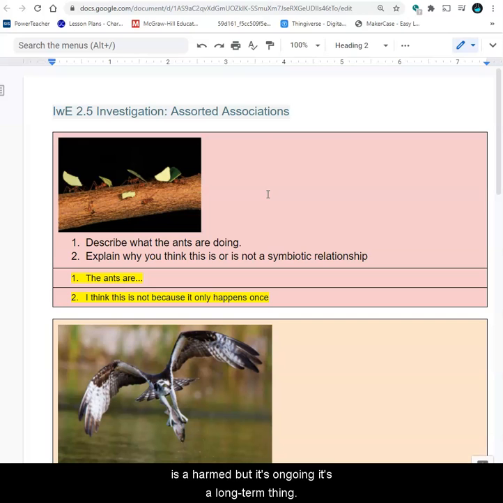It's a long-term thing. As far as these ants and the leaves, they're just using the actual leaves in a single instance, and it's not ongoing. So this would not be considered symbiotic. Again, the ants are carrying the leaves somewhere, and this is not symbiotic because it only happens once.